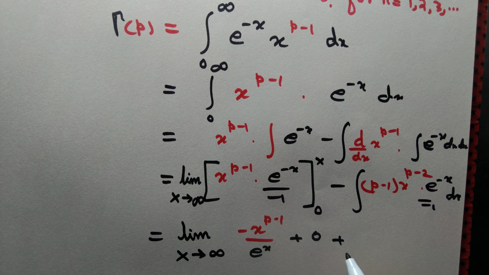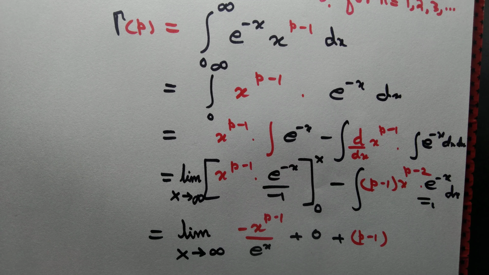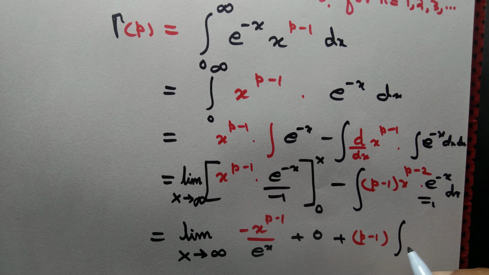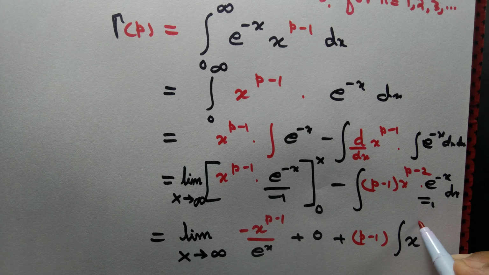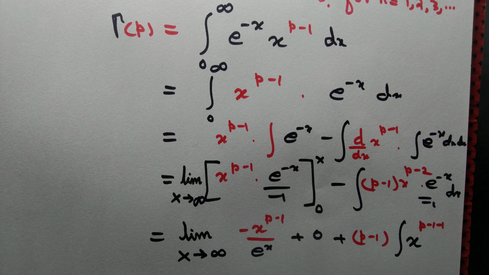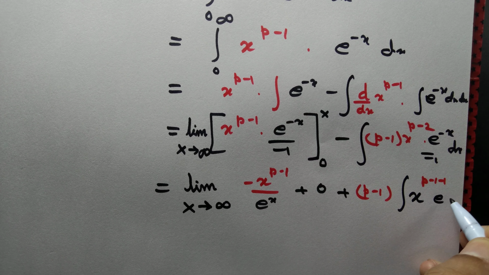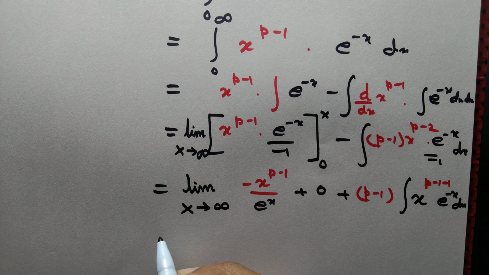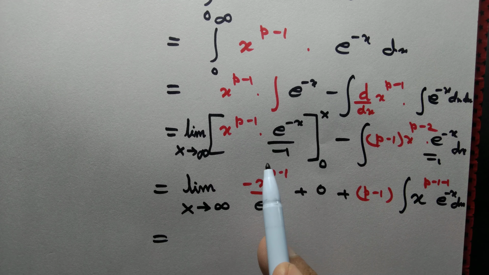Minus minus will make it plus. p minus 1 is a constant that we can take out of the integral. Integral of x to the power p minus 2, which we write as p minus 1 minus 1, into e to the power minus x dx. Observe that as x tends to infinity, this quantity tends to 0.